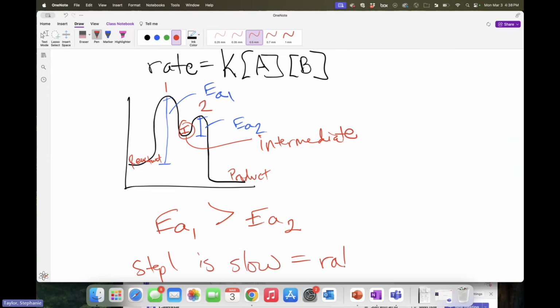We therefore call that the rate determining step. So we do in fact refer to that as the rate determining step. So first step is slow because the activation energy is greater.